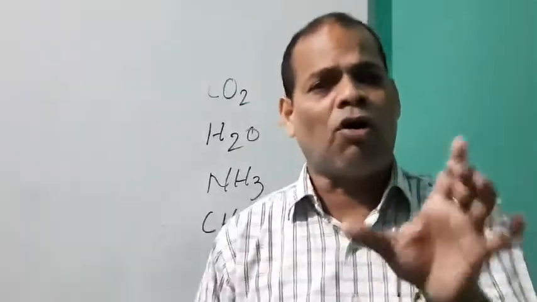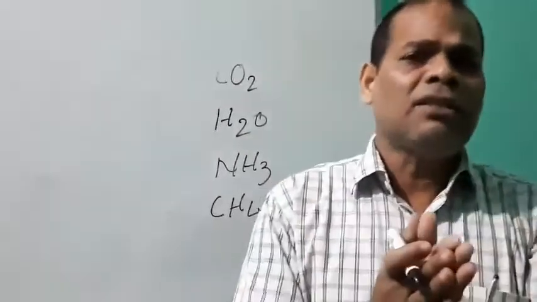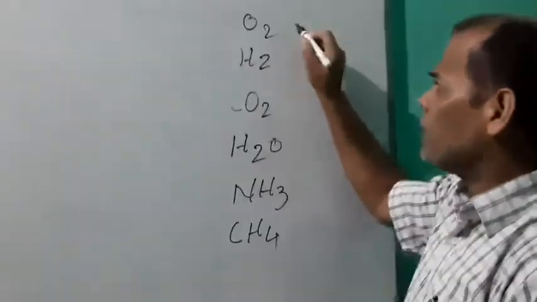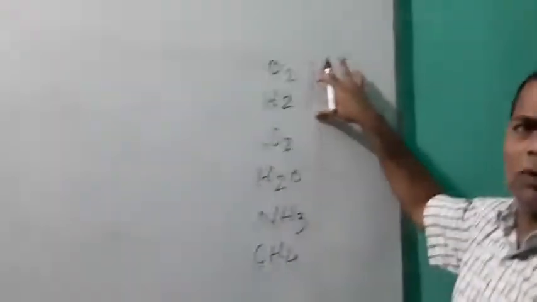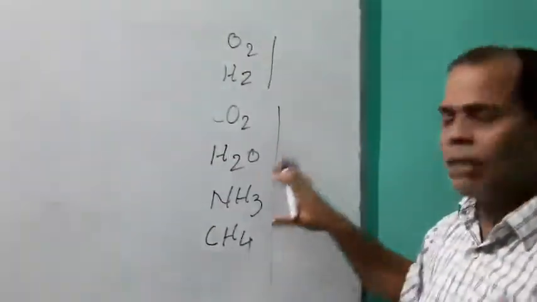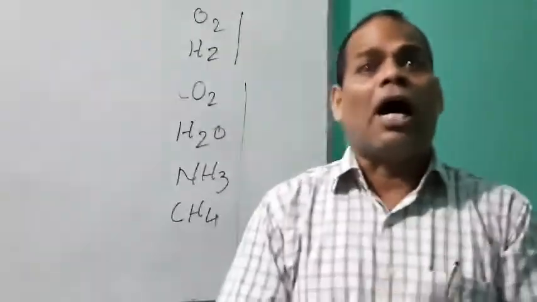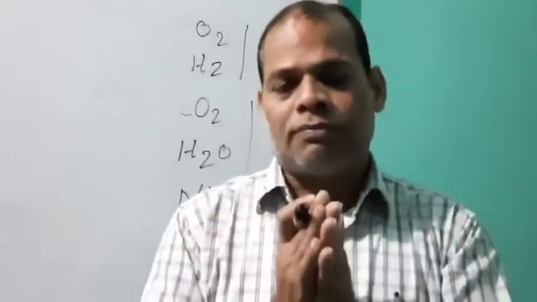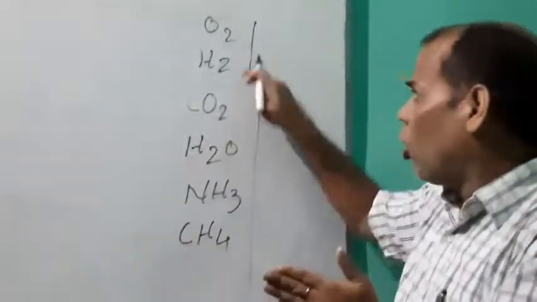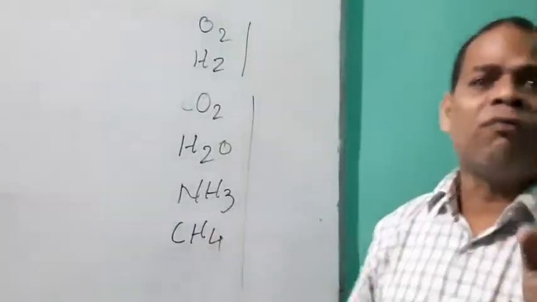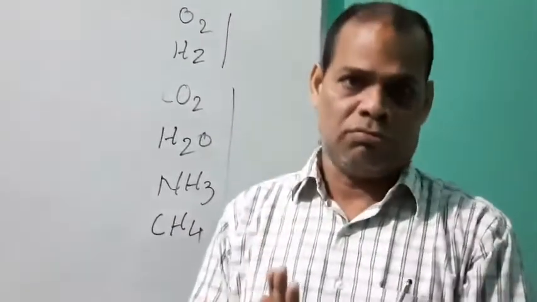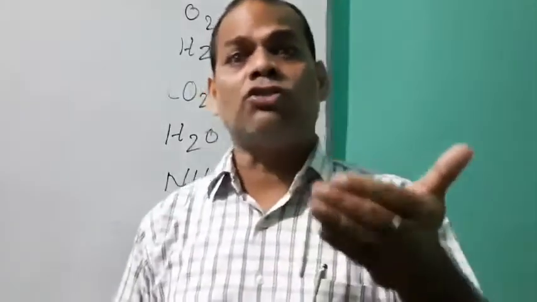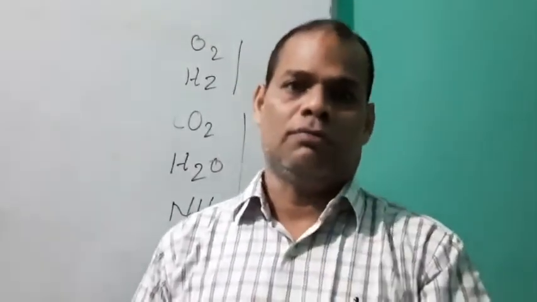Atoms combine, atoms of the same element or atoms of different elements combine and form a molecule. All these are examples of a covalent compound. In a covalent compound only and only molecules are constituted.